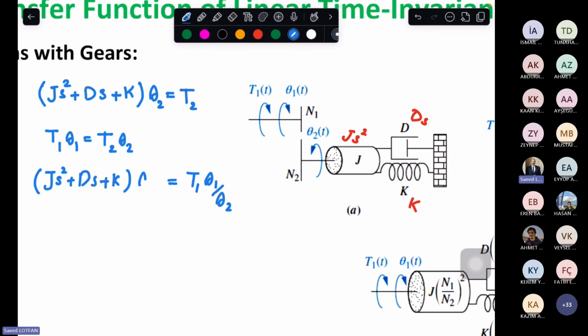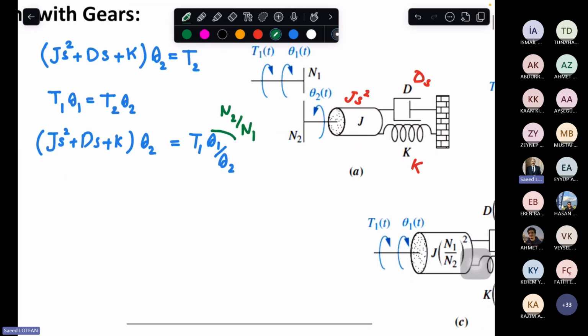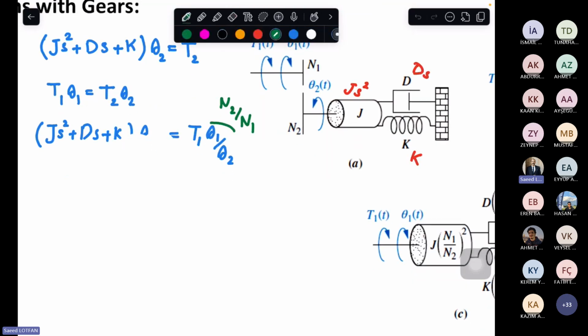And we know that theta 1 over theta 2 is equal to R2 over R1, or we can say this is N2 over N1. And theta 2 is like N1 over N2 theta 1.